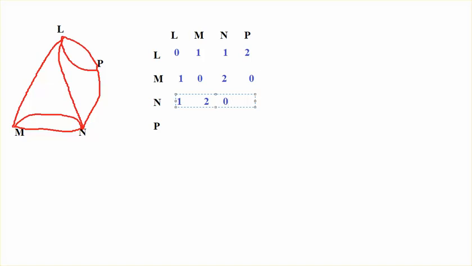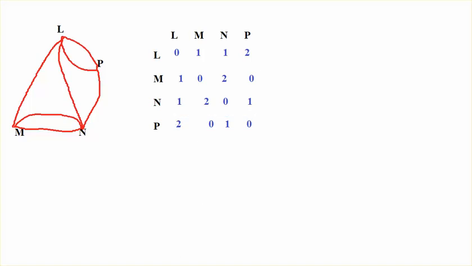N to P, 1. And finally, our last row, P and L have two connections. P to M, 0. P to N, 1. P to P, 0.